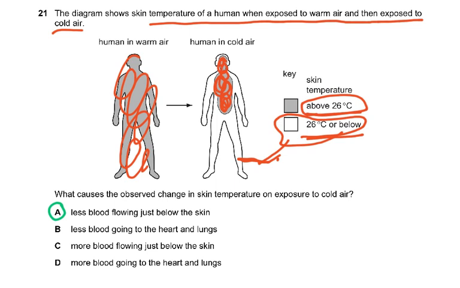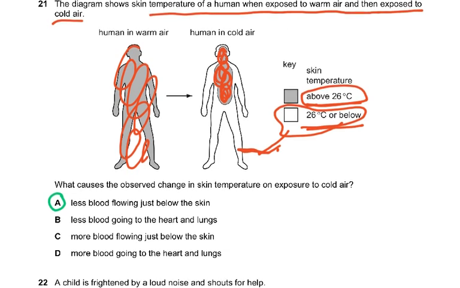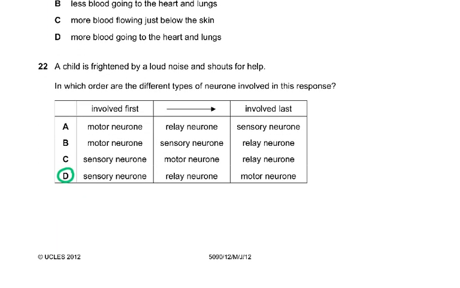What causes the observed changes in skin temperature on exposure to cold air? Less blood flowing just below the skin. How did the skin temperature become 26 or below? Because less blood flowing. So vasoconstriction. This was questioning whether you understood vasoconstriction or not.